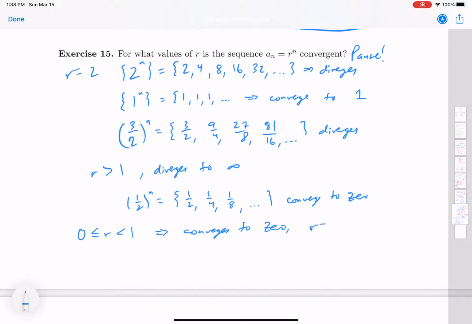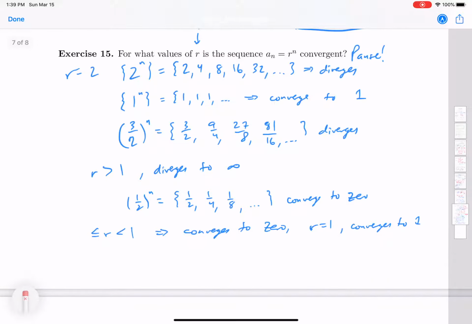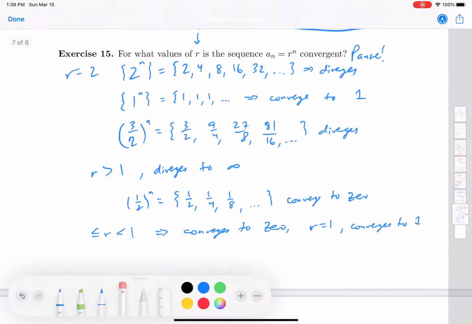And if r equals 1, it converges to 1, but I never said that r had to be a positive number or 0. It could be negative. And hopefully you'll see that if we have any negative fraction, something like negative 1/2, maybe I'll just do that real quick.